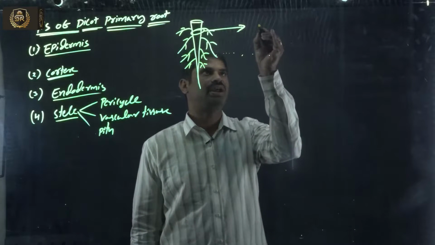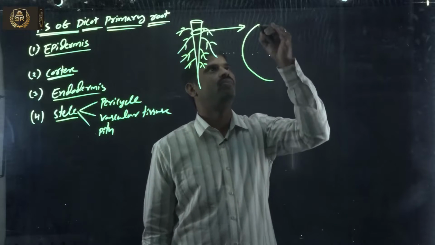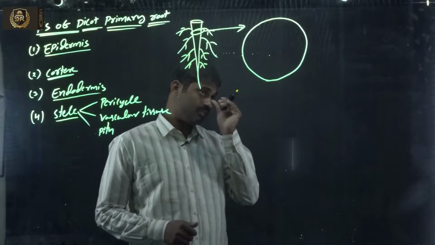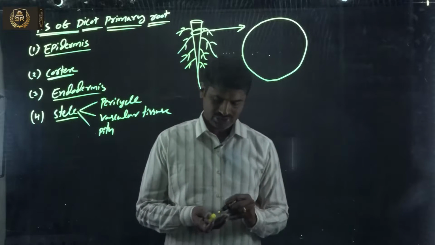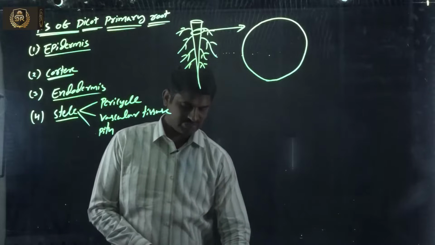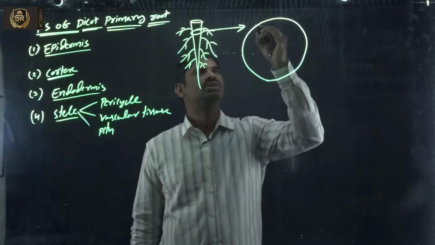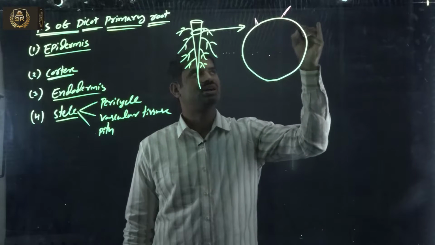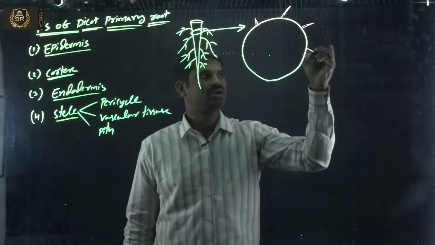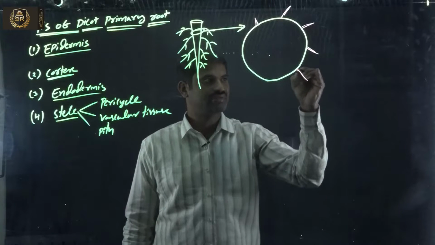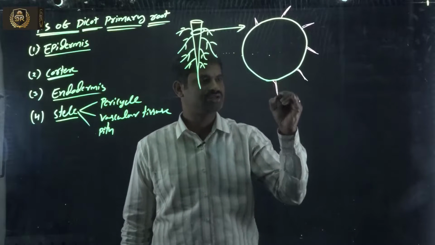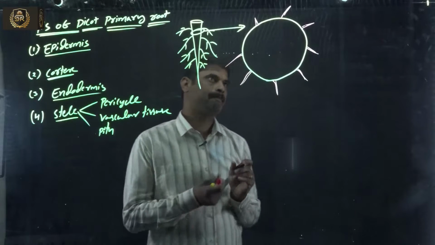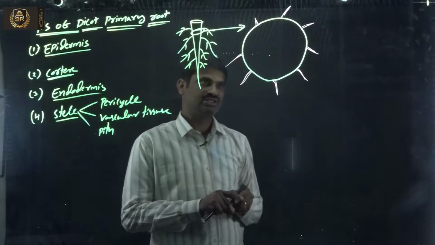The outermost part is the epidermis. On the epidermis surface region, unicellular hair-like structures are present. These are called root hairs.